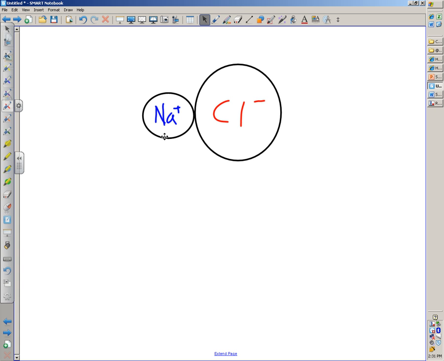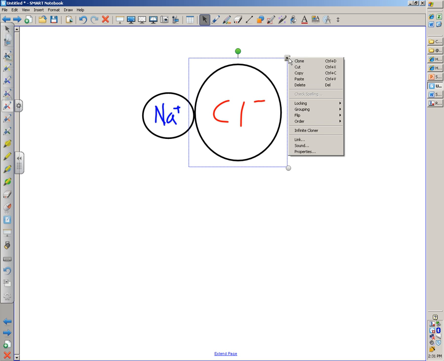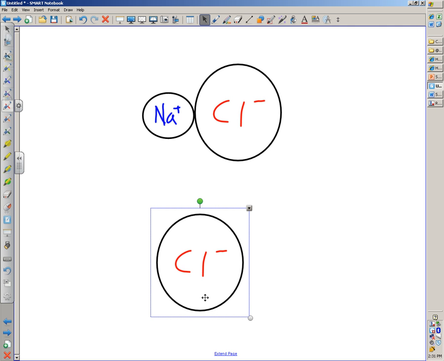Okay? But just because sodium with its positive charge is now attracted to chlorine with its negative charge, does that mean sodium has lost its positive charge? No. Still positive, it's just attracted to that negative one. So, let's say another chlorine comes along. Okay? Is this positive sodium going to be attracted to this negative chlorine?